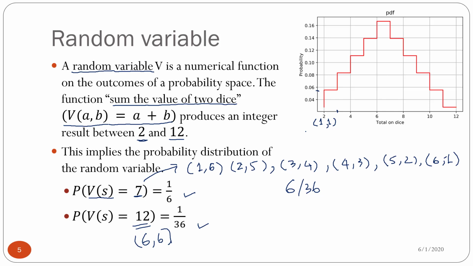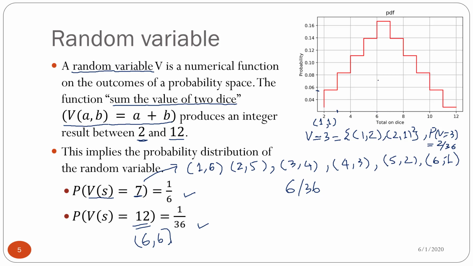When v is equal to 3, that will happen when you have 1, 2 and 2, 1. So the probability of v equal to 3 will be 2 by 36.